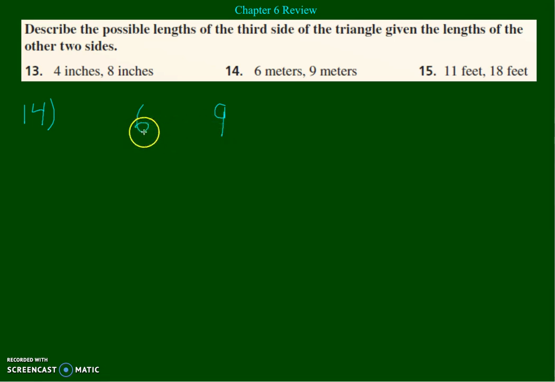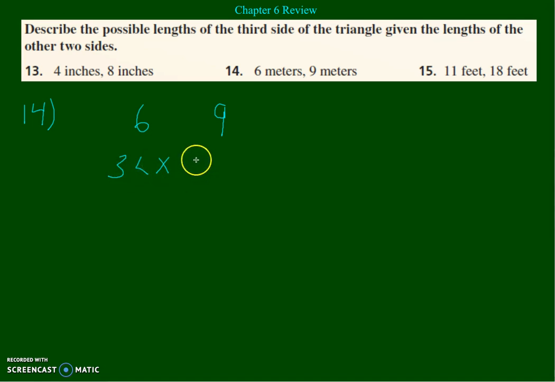And the answer is yes. If we take 6 away from 9, we get 3. So if our number is somehow greater than 3, then we will have the lowest possible value for the length of the third side. So 9 minus 6 is 3. That gives us the lowest number.